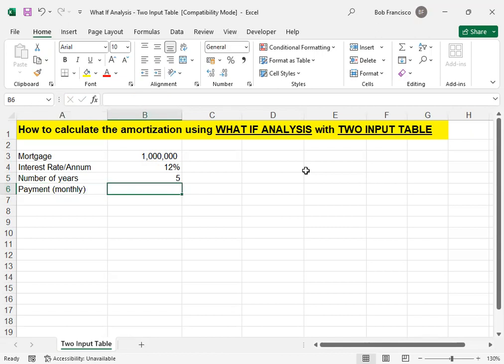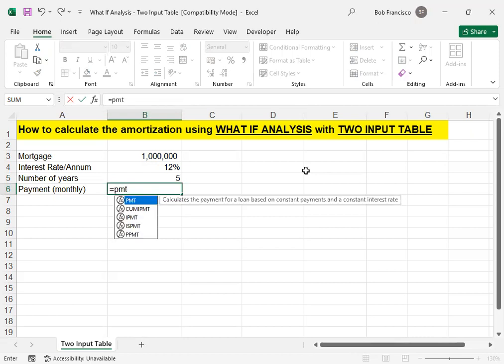So here I'm gonna use the function PMT, which is payment. It calculates the payment for a loan based on constant payments and a constant interest rate. Open parenthesis. The first thing that we're going to find out is the rate.